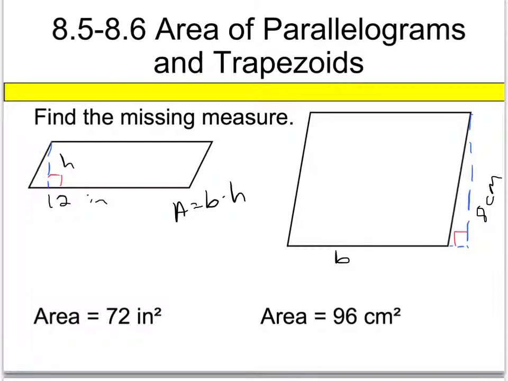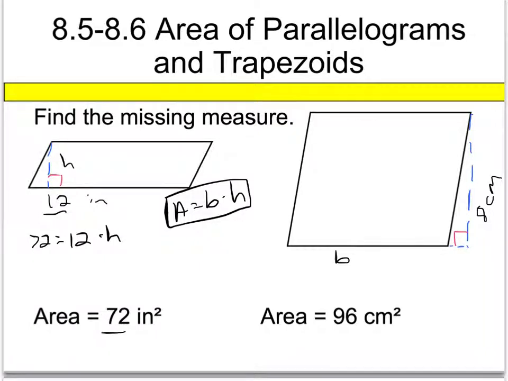Alright, so now notice that we know our area down here. Okay, and we also know our base, which is going to be right there. Plugging this into our equation of area equals base times height, you're going to come up with 72 is equal to, we know our base is 12, okay, as you can see, that's that bottom line segment, times our height.